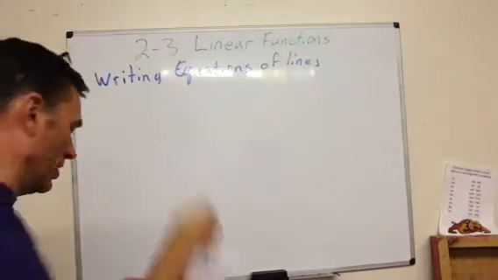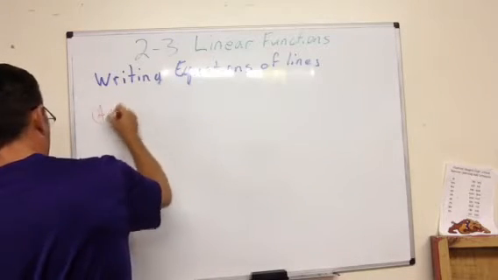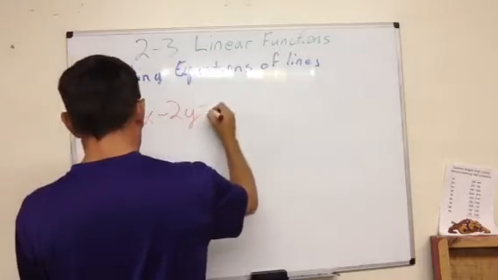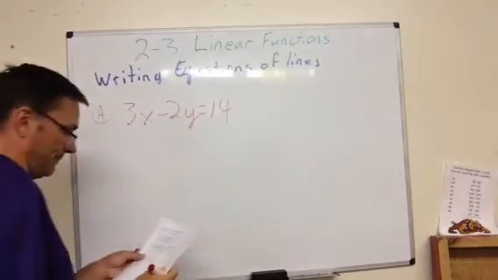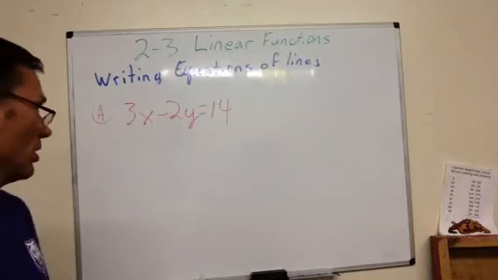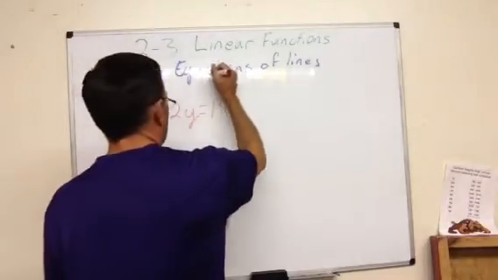So, going along with your notes, we have 3x minus 2y equals 14. Now, we want to get this in slope-intercept form. Right now, it is not y equals mx plus b.